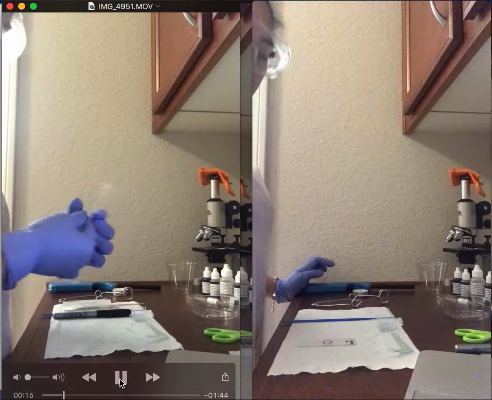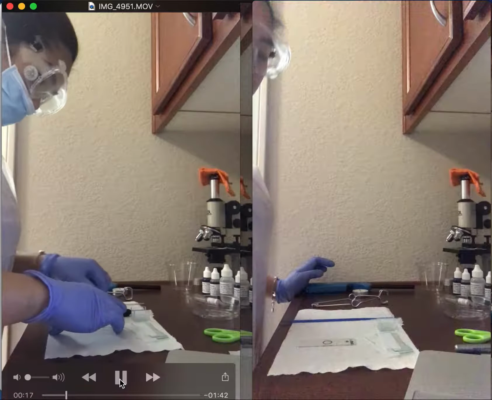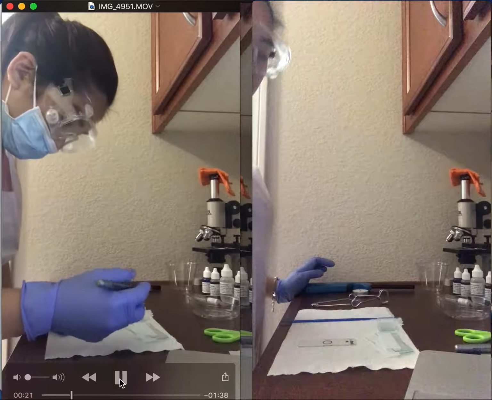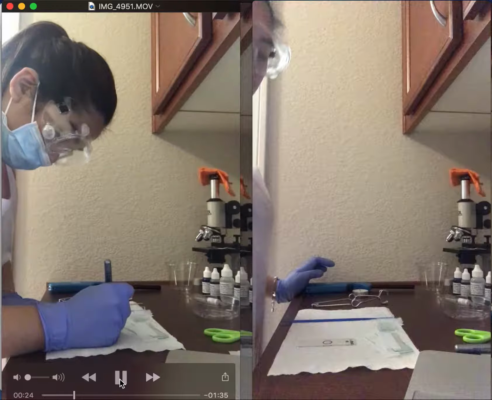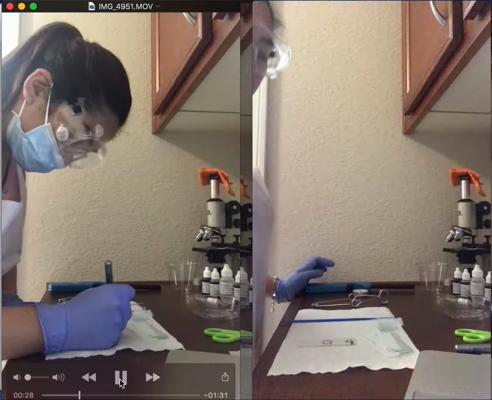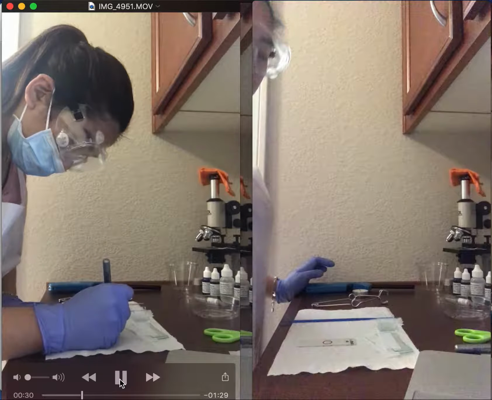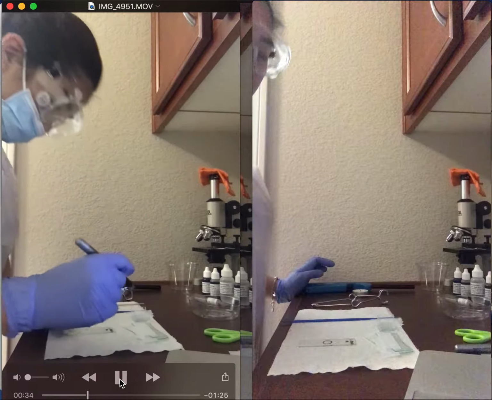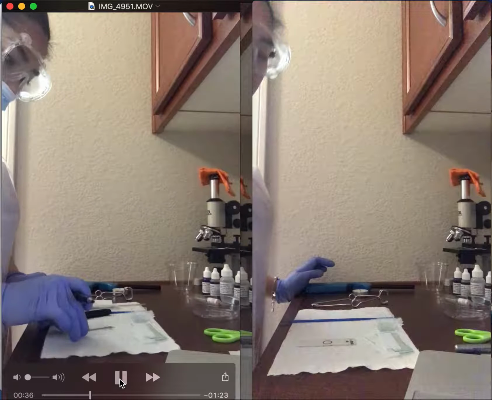So we are going to start with a blank slide and label it 1 direct M, which means 1 for slide 1, direct meaning direct stain, and M, which stands for mouth.